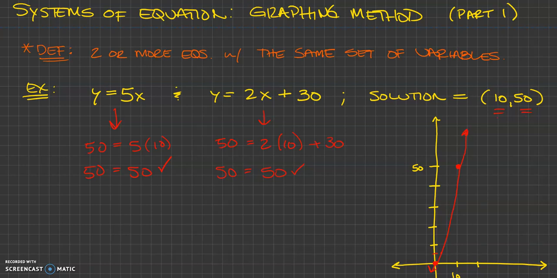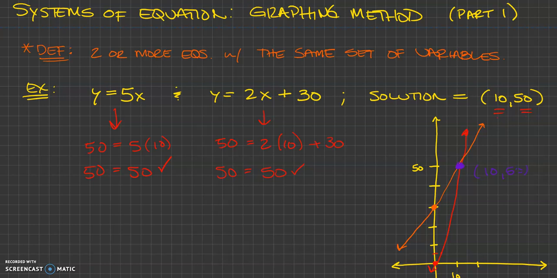What about y equals 2x plus 30? Well, there's 10, 20, and then 30. In this case, I'm going to go up 2 and over 1. And it's hard because this graph is huge, but it would look just like that. And so what happens? They intersect at the same point. They intersect at 10 and 50.